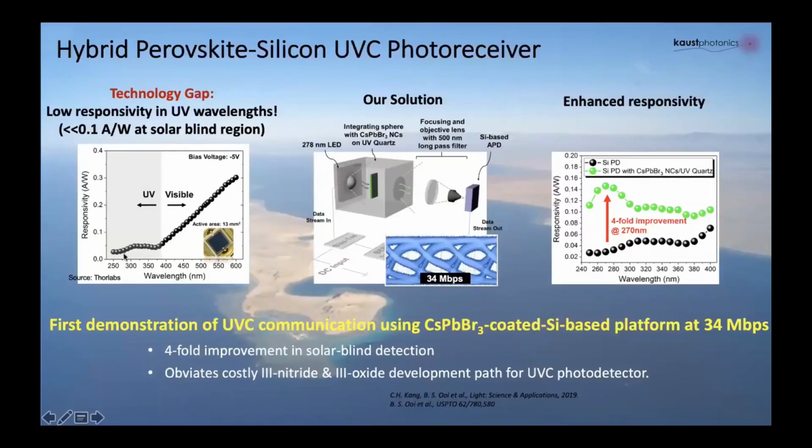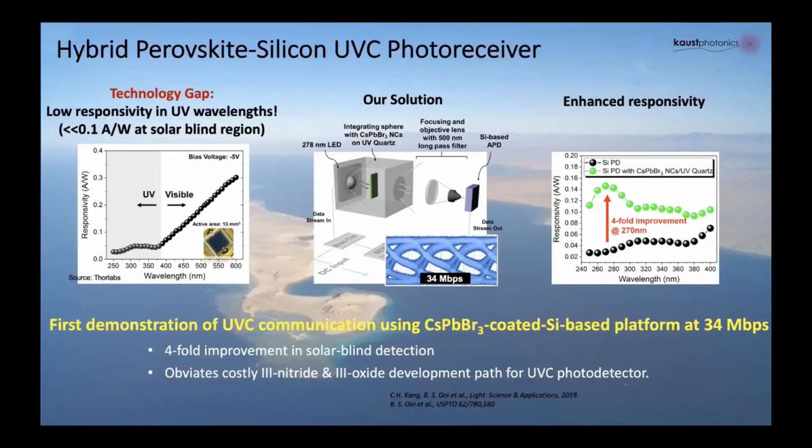Again, when we look at the standard off-the-shelf silicon photodetector, the responsivity of the detector in the UV region is very, very low. We're talking about 0.0 something amp per watt. To increase the responsivity for such low-cost silicon-based APDs or silicon photodetectors, we use a color conversion method using perovskite.